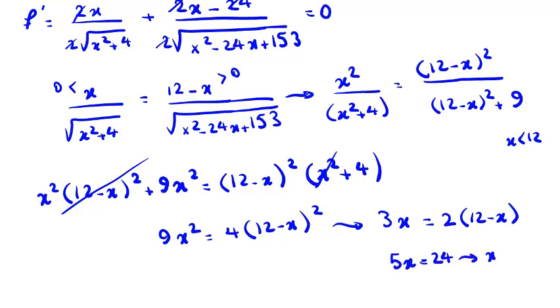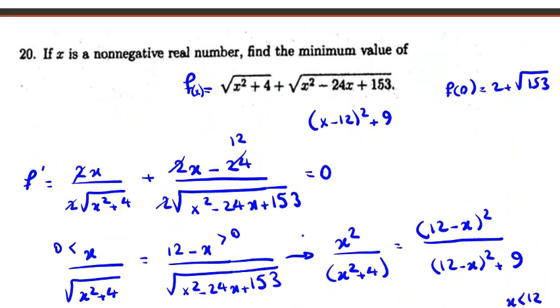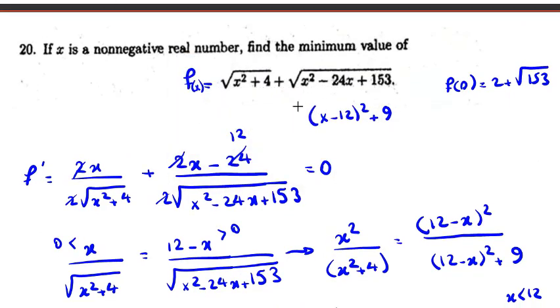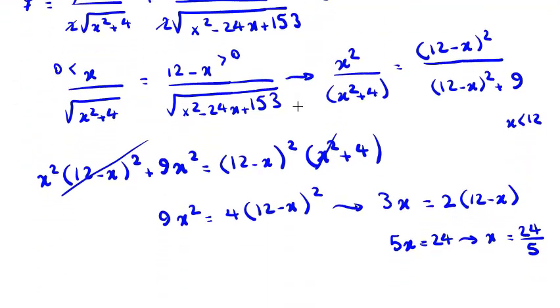So x will be 24 over 5. And okay, yes, exactly, it satisfies all these conditions. Okay, now let's replace this here.